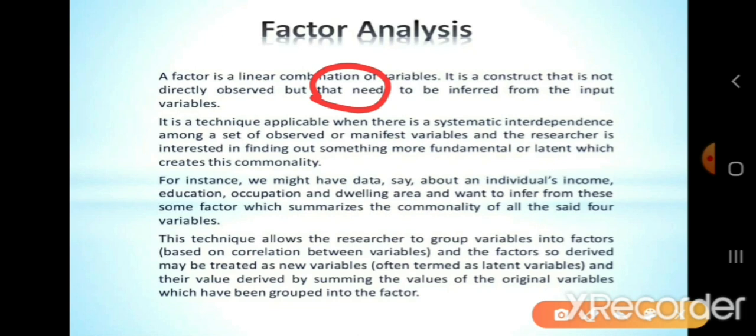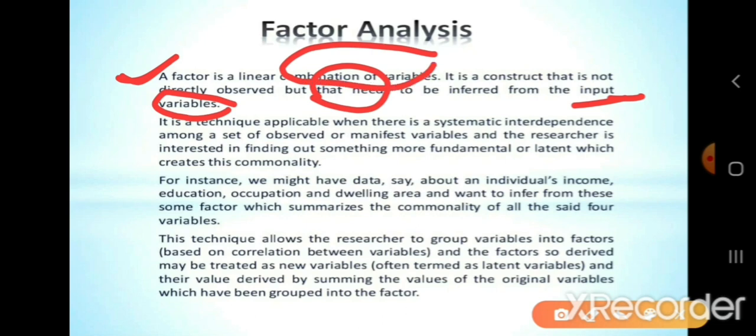So we have to get some inferential information from the variables we have as our input variables. It will not be directly given; we have to infer some meaningful variables from the given input. These are called factors, and they are basically combinations of variables.